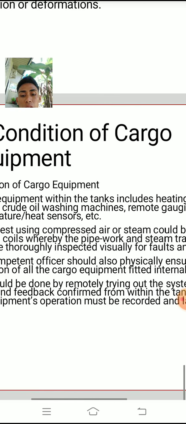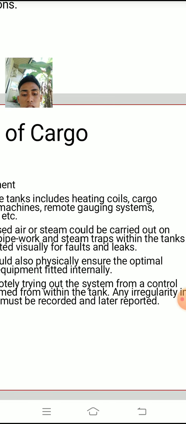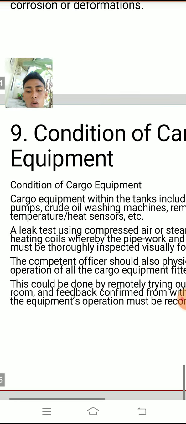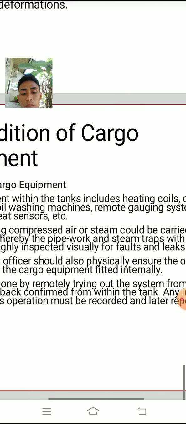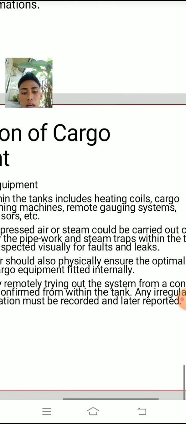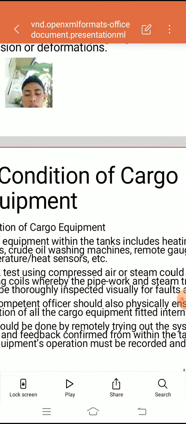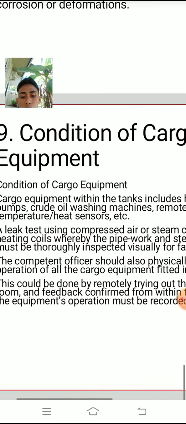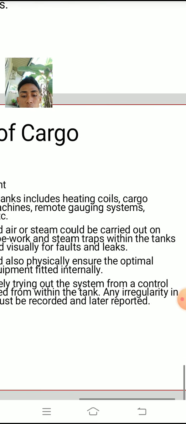This could be done by remotely trying out the system from a control room and feedback confirmed from within the tank. Any irregularity in the equipment's operation must be recorded and later reported.